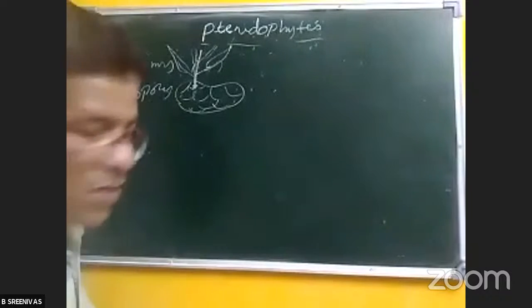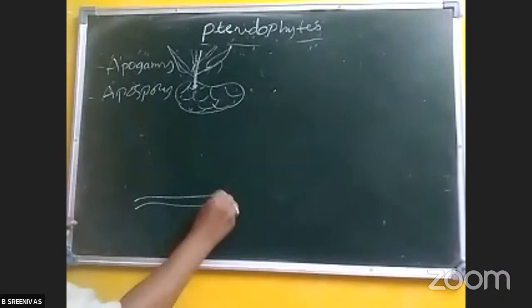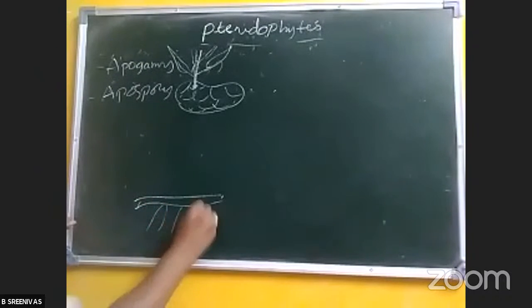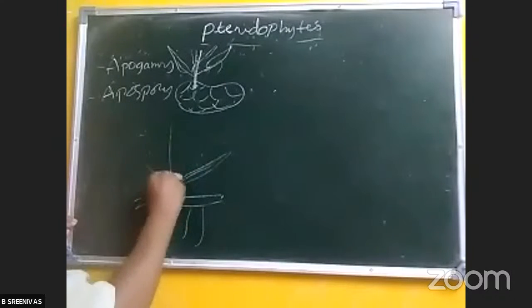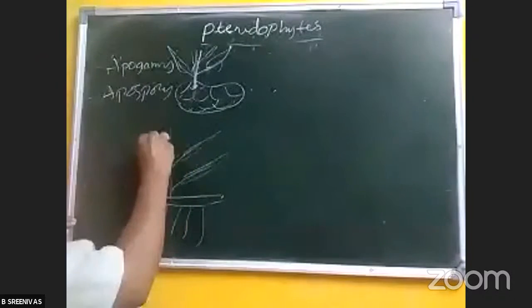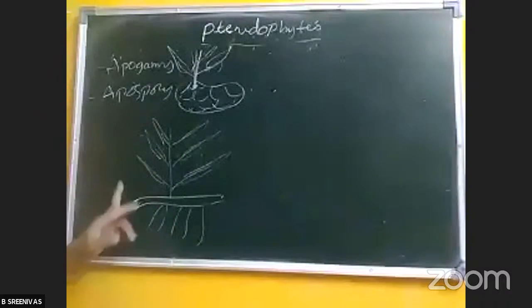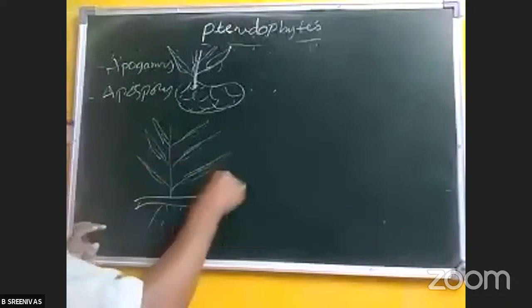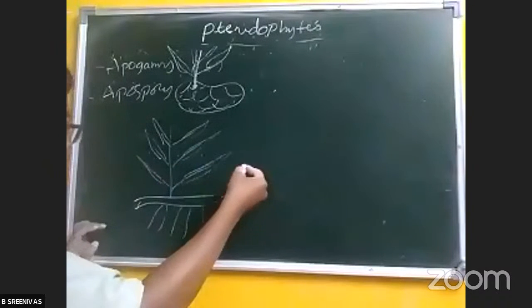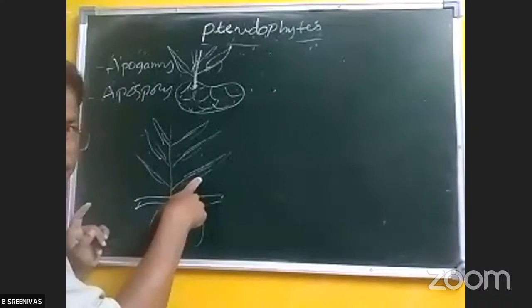Actually, the sporophytic stage is present. This is the stem, and these are the adventitious roots, and here leaves are developed. This is the sporophyte of the fern. Sometimes the cells of the sporophyte directly divide mitotically and produce an embryo. What type of cells are present in the sporophyte, haploid or diploid?